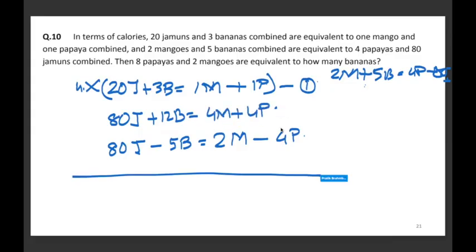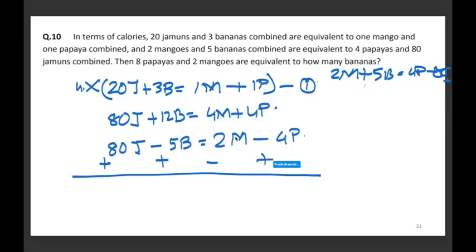We can subtract this part completely, and what we will get is, one second. Right. So we just use the elimination method where this will be subtraction.